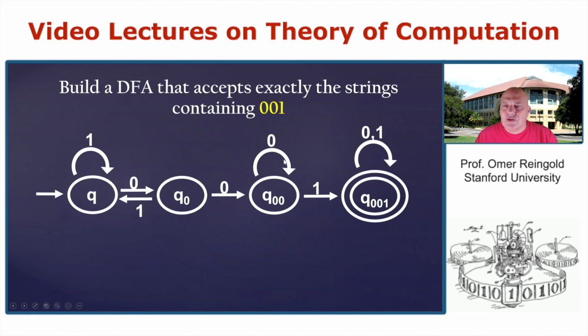And as long as you keep on seeing 0, you stay put because the last 2 bits were zeros. Now, if you see a 1, you move forward to Q001 because you just saw the string 001, and you stay put there because this means that you've seen the string 001.